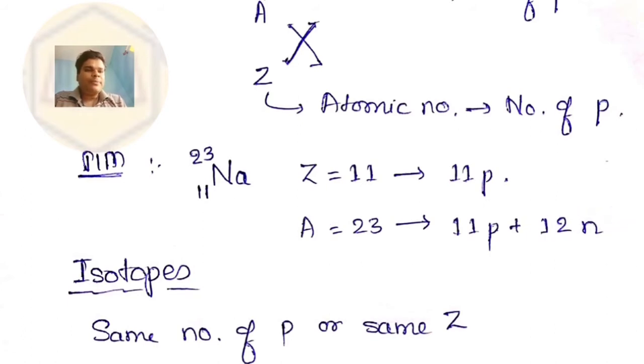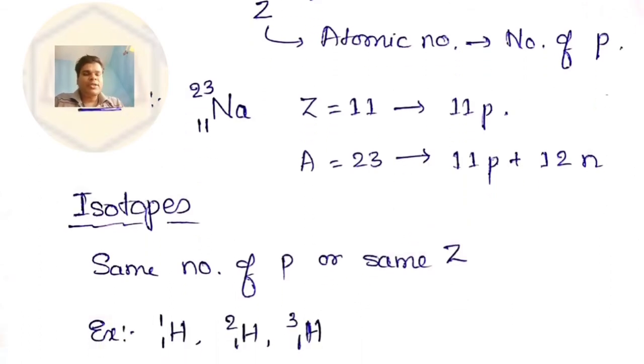So 11 plus 12, totally 23 nucleons. We call protons plus neutrons together nucleons because they are present in the nucleus of the atom. So the mass number for this is 23.